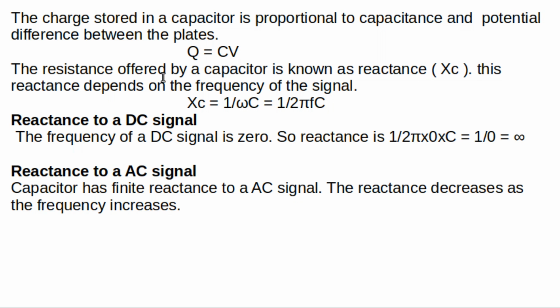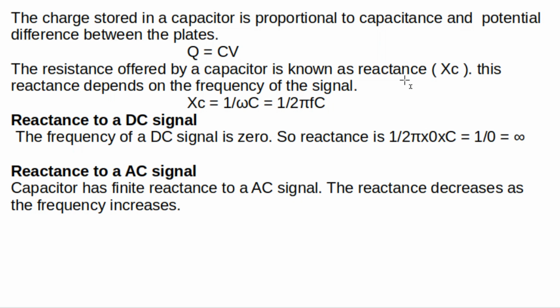The resistance offered by a capacitor is known as reactance, and it is represented by Xc, where the C indicates that it is the reactance of a capacitor. Reactance is similar to resistance, but there are differences. Reactance also opposes current through the circuit, but the main difference is that reactance is a frequency dependent quantity.